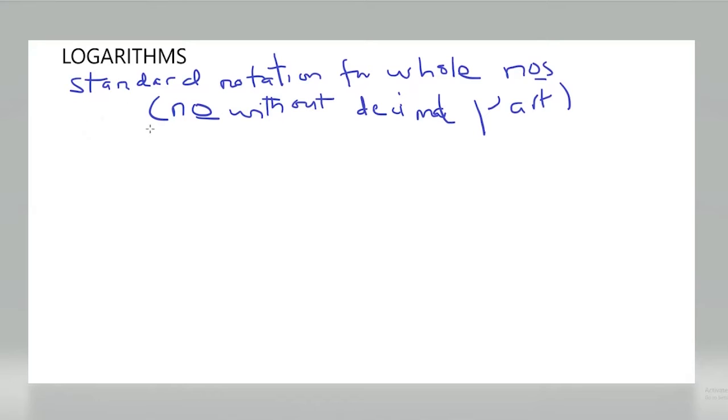Assume you are given 492. Write this one into standard notation. This is example number 1. Solution: 4, 9, 2. The first player is 4 and the second player is 9.